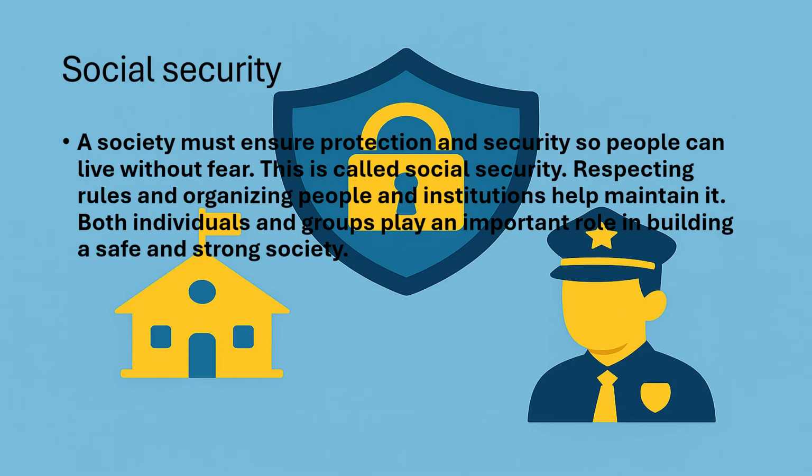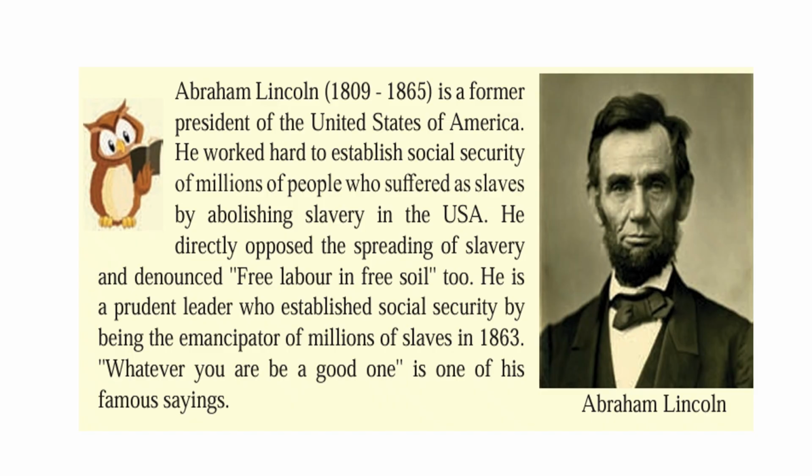Now we're going to talk about someone that you might have heard about earlier in life. I'm talking about Abraham Lincoln. He lived from 1809 to 1865. He is a former president of the United States of America. He worked hard to establish social security for millions of people who suffered as slaves by abolishing slavery in the USA.